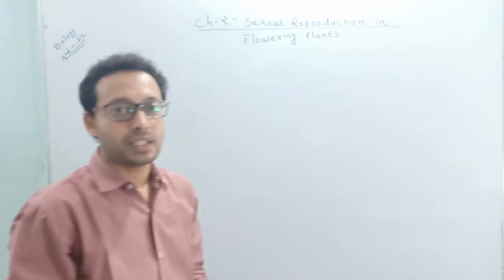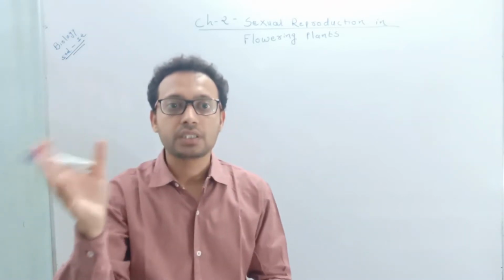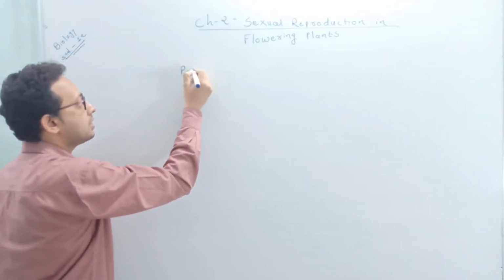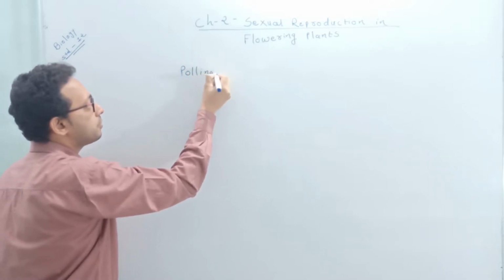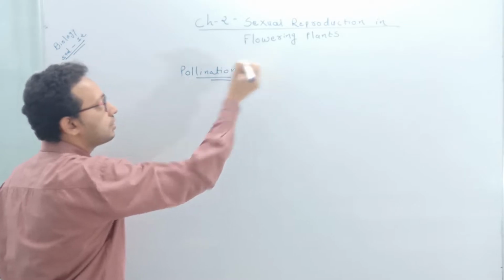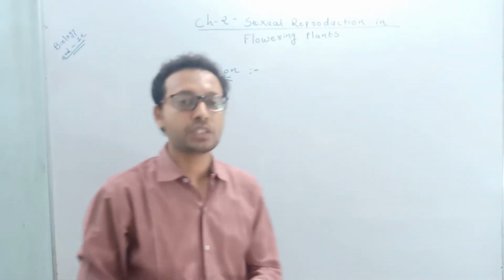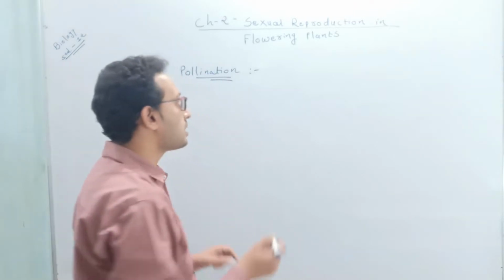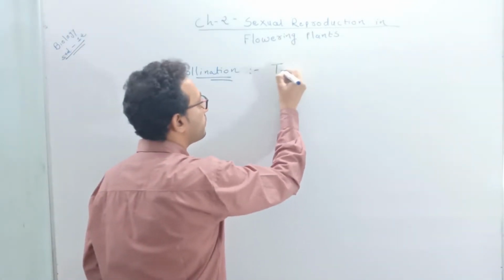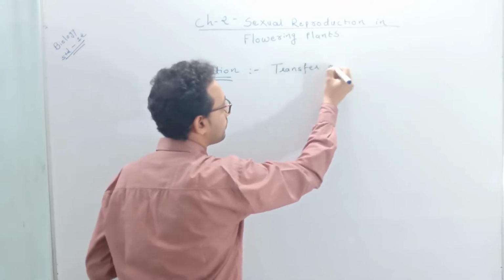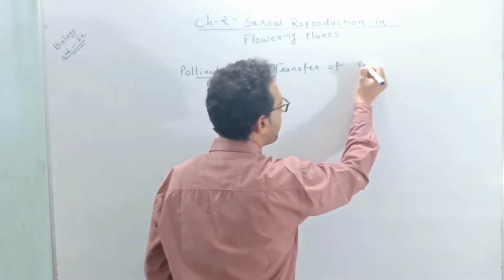Starting with that, what is the transfer process called? The transfer process is called pollination. What is it called? Pollination. So what is the pollination process? Pollination means transfer of pollen grain.